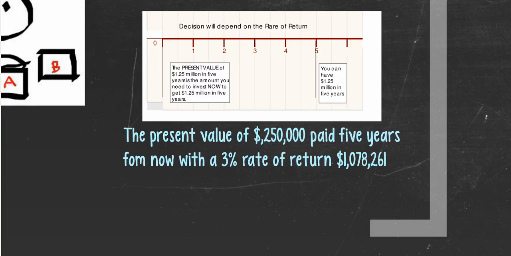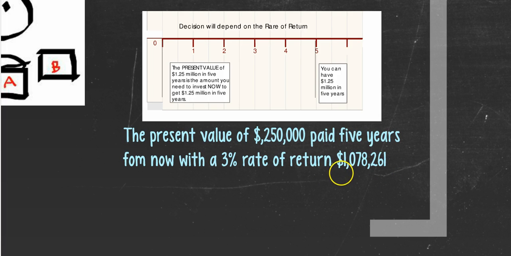So if we're concerned about the safety of our investment, and all we would do is put our $1 million into savings accounts or treasury bills or something like that, then we're better off taking this $1.25 million in 5 years than taking $1 million now, because the present value of $1.25 million in 5 years is more than $1 million.